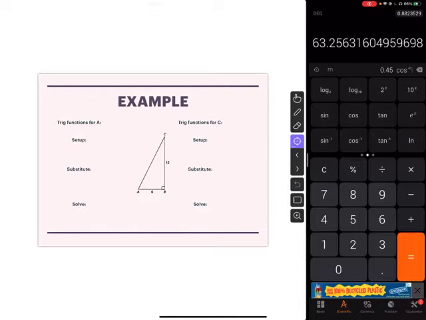So let's take a look at the triangle here, and let's solve this for angle A. So angle A is down here, so let's go ahead, put a little mark down here, and let's label our opposite, our hypotenuse, and our adjacent sides.